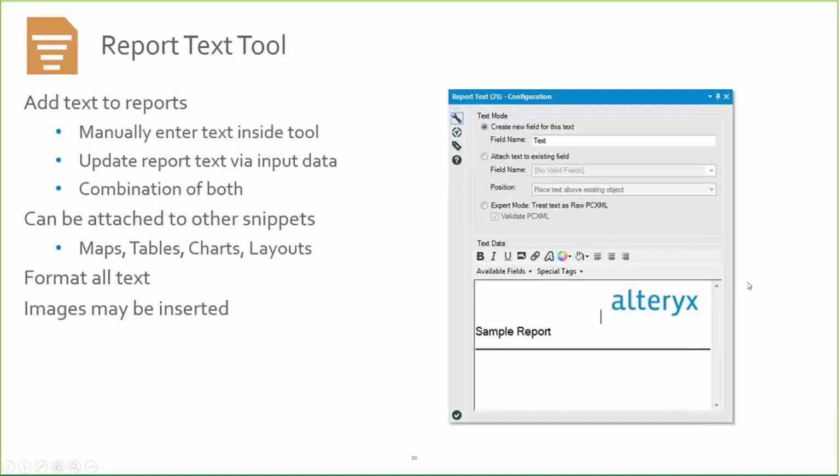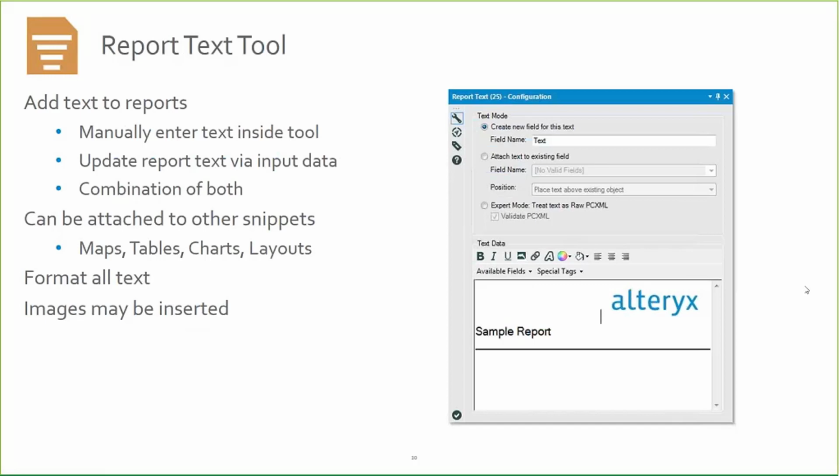we'll move on to the report text tool. Now this is a really handy tool to have around, especially when it comes to creating your own headers. So I noticed that somebody had asked the question on the post for this training about how to go about using headers and footers.